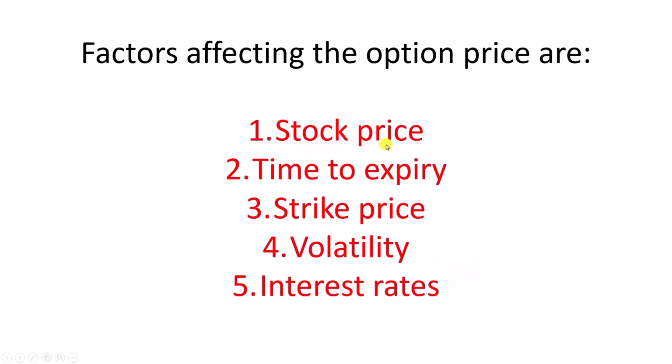First is stock price, second is time to expiry, third is strike price, fourth is volatility, and fifth is interest rate. Okay, so interest rate doesn't affect much, but still it affects. So it is better to know and learn about this concept even though we do not use it.